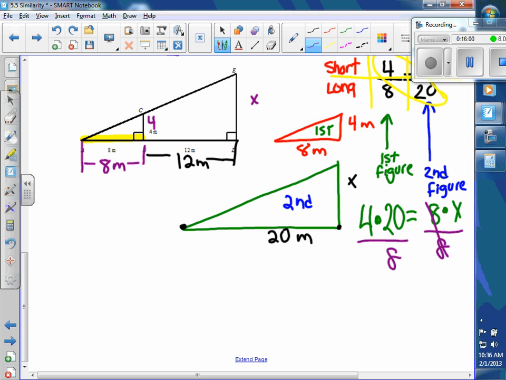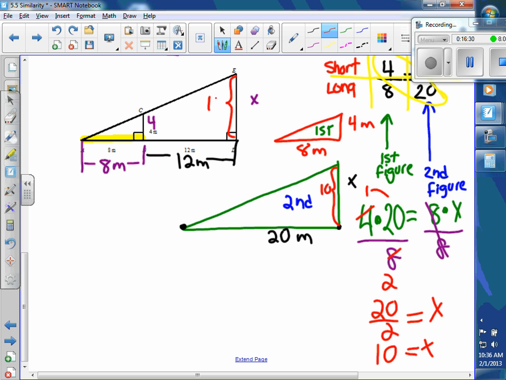And then practice doing reducing. 4 goes into itself once, it goes into 8 twice. So this is the same as 1 times 20 divided by 2, which is 10. So x, that's this distance here, is 10. The units are in meters.